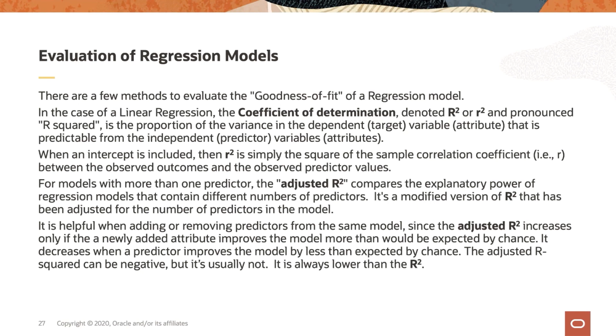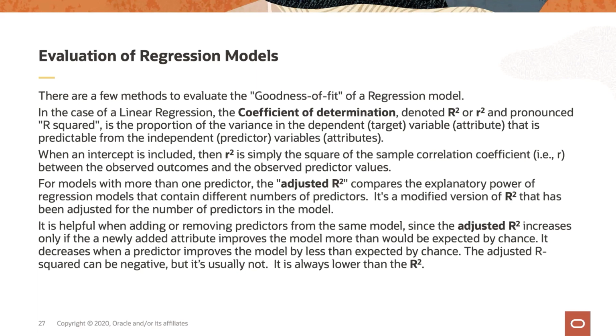When you have more than one predictor, the adjusted R square tries to compensate for that, adjusting using the number of predictors included in the model. That's why it's helpful to look at the adjusted R square when you're comparing several models with a different number of predictors.